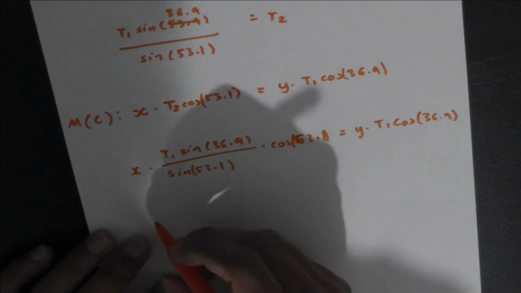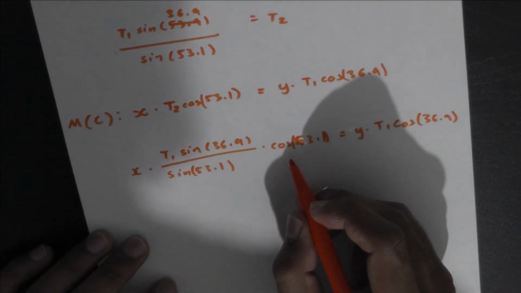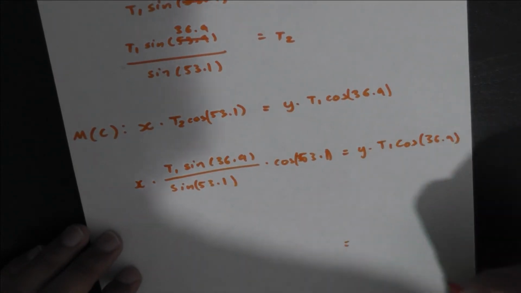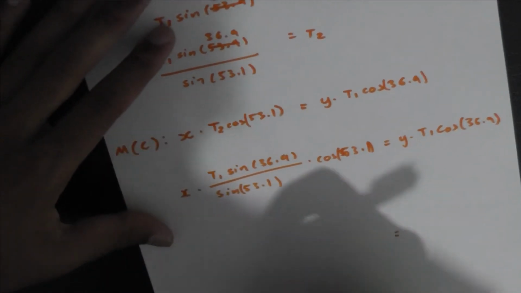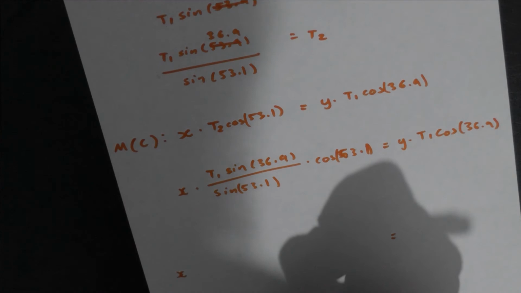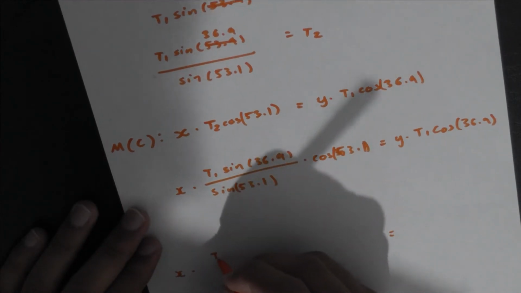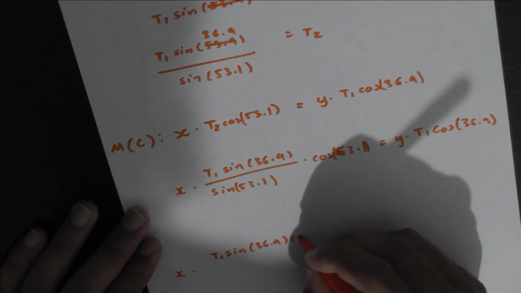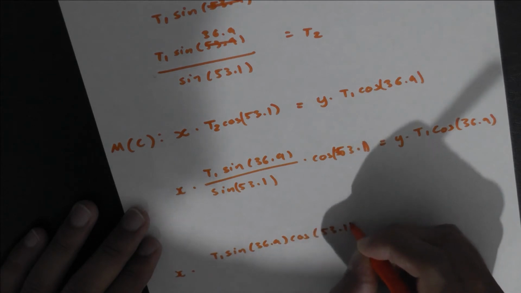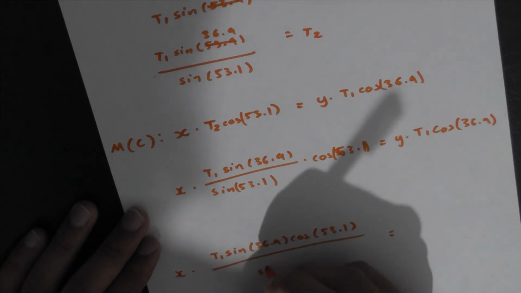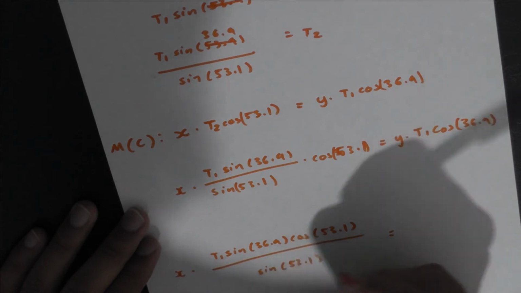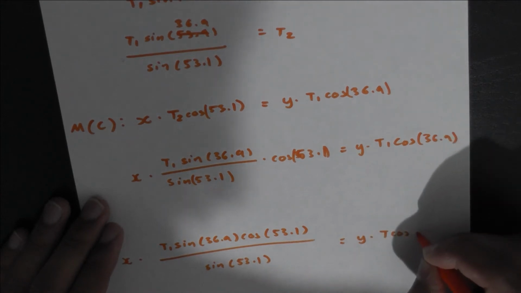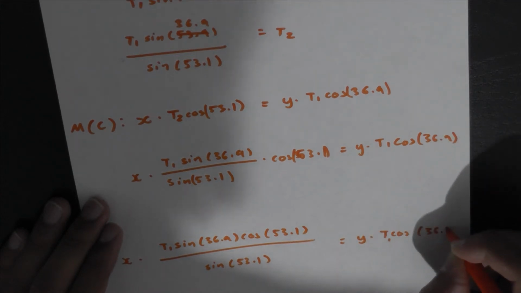Alright, now we can just go ahead and try and simplify this down. So we can do this. x times T1 sine 36.9 cos 53.1 divided by sine 53.1, and that's y times T1 cos 36.9.